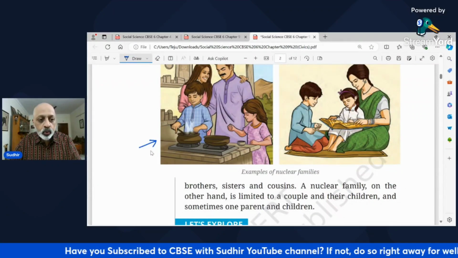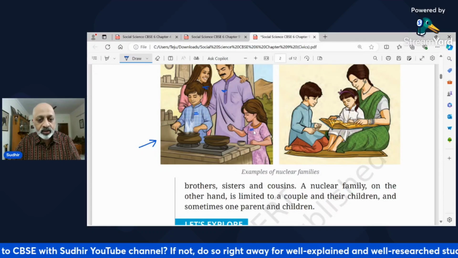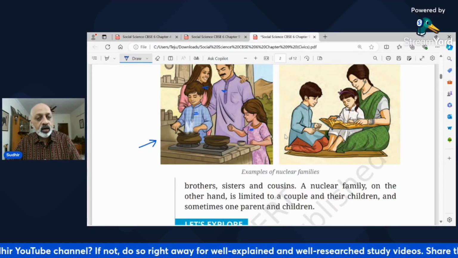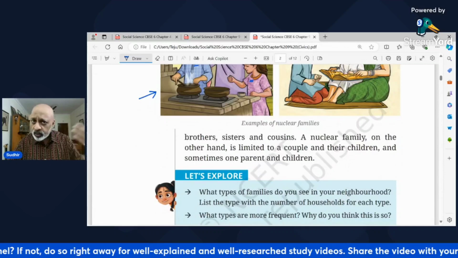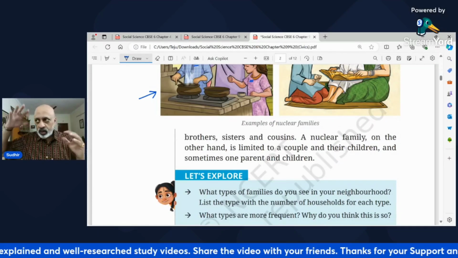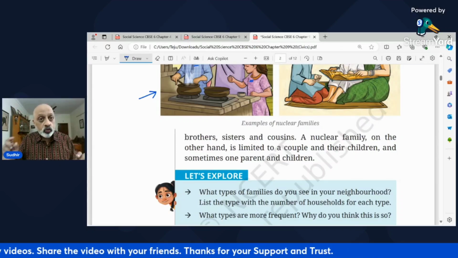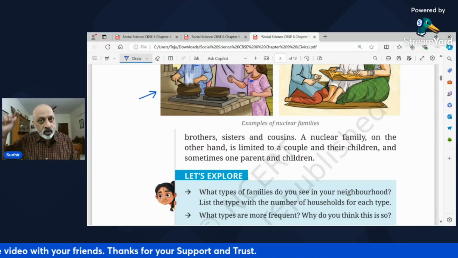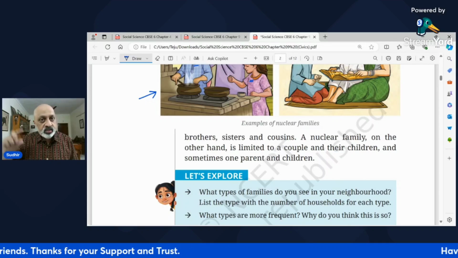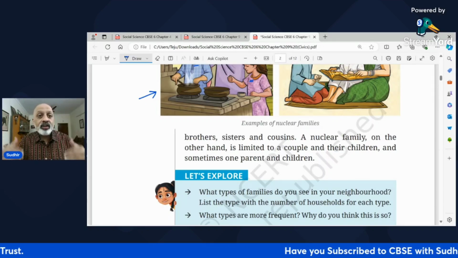Now, these are nuclear families where it is only the father, the mother, and the 2 children, right? These are nuclear families. In a joint family, you may have for instance, if an elderly person has 3 sons, all his 3 sons are married. Which means that the grandfather, grandmother, the 3 sons, their 3 wives, and their children all live in the same house.